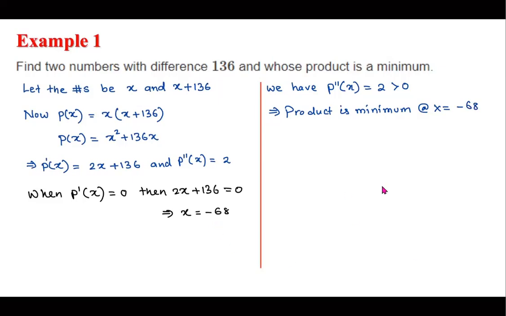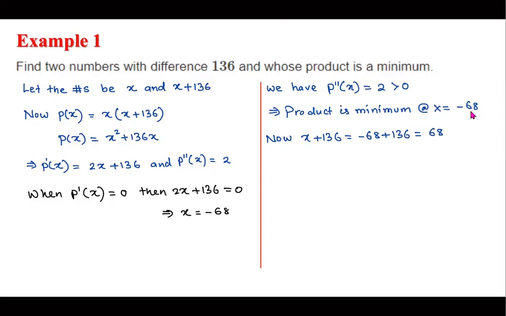So the first number is x, which is negative 68, and the second number is negative 68 plus 136, which is equal to 68.